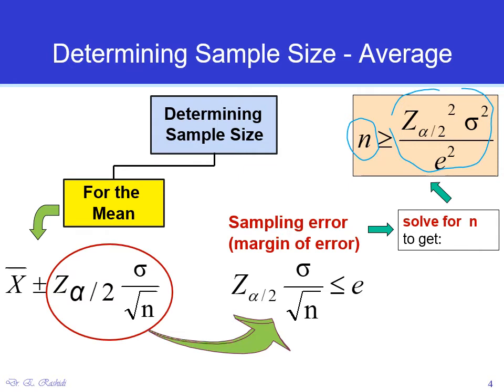What this inequality gives you is a lower limit. At least. It means that, okay, n should be, for example, at least 100. That means that if you take 100 or more, you're going to acquire that level of margin of error that you are asked to meet.